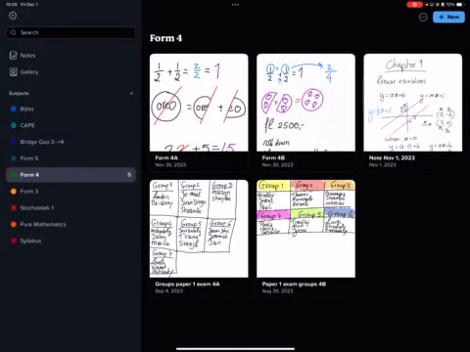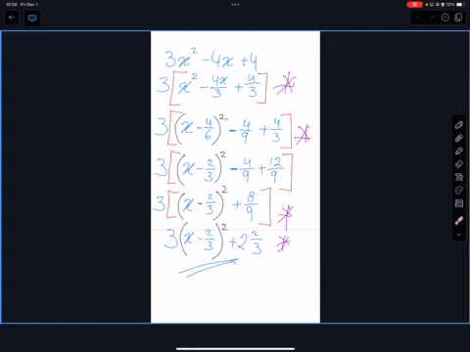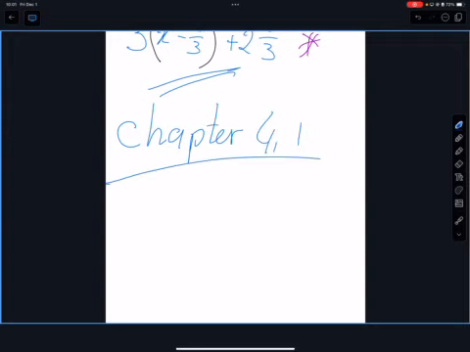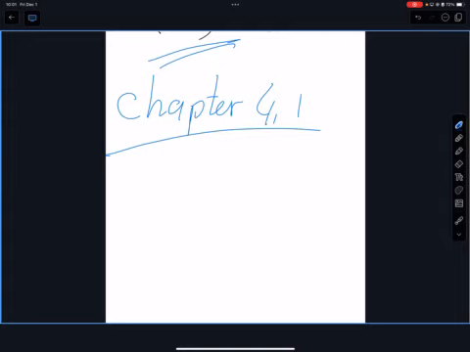For basic algebra, we know multiplication. 3 multiplied by 3.